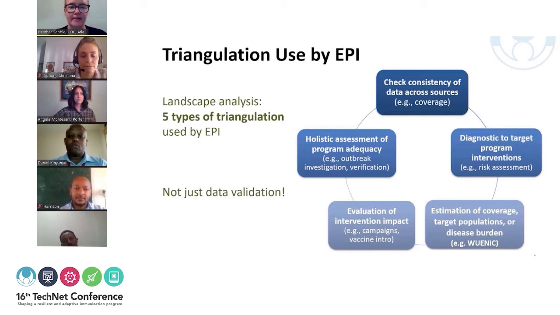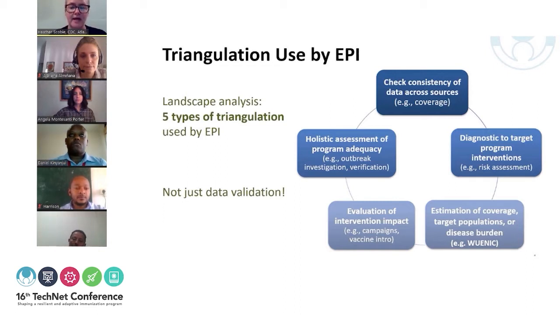CDC undertook a landscape analysis to try to identify the different ways that triangulation was used by the immunization program, and we came up with 5 different uses. One was checking consistency of data across data sources. This may be the way you're most familiar with using triangulation.